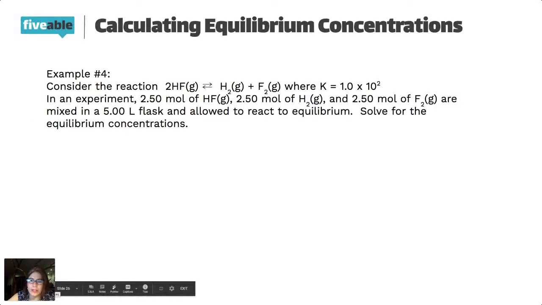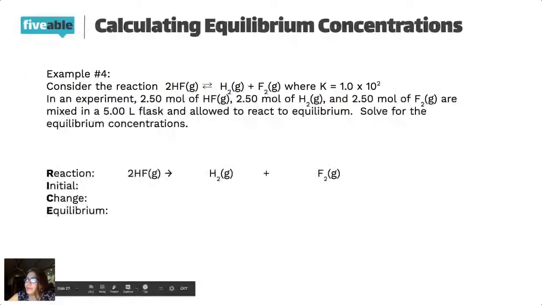What do we need in the ICE table? We need concentrations. We have moles and liters. So the first thing that we need to do is to get the molarity of the species involved, correct?